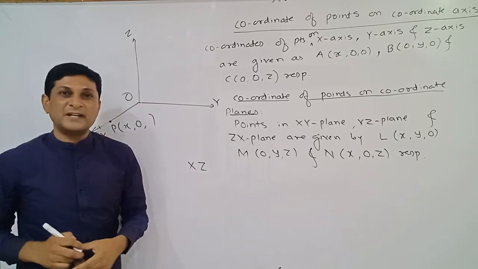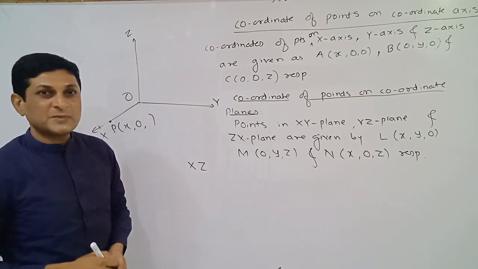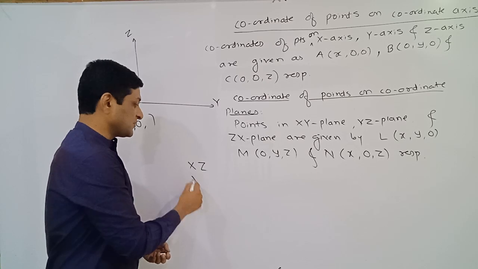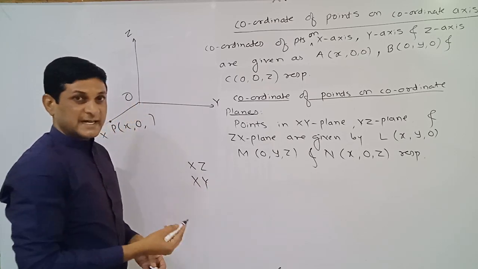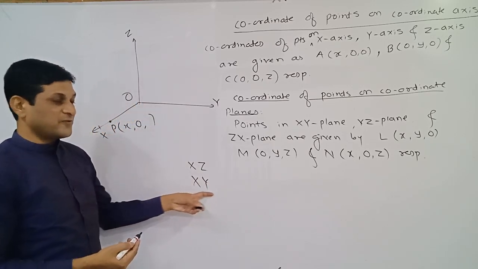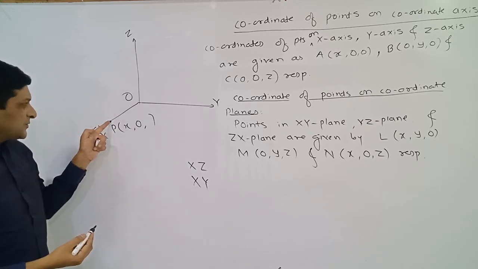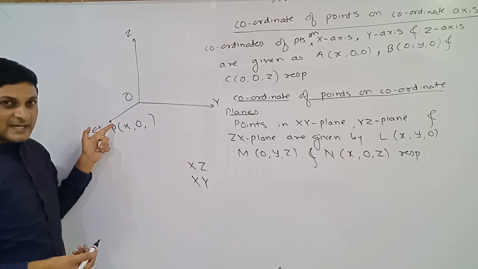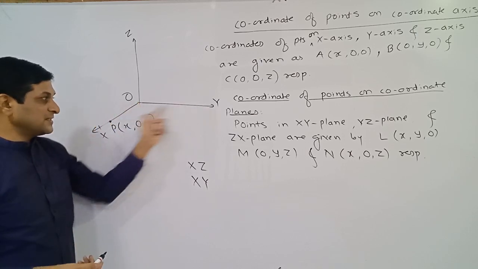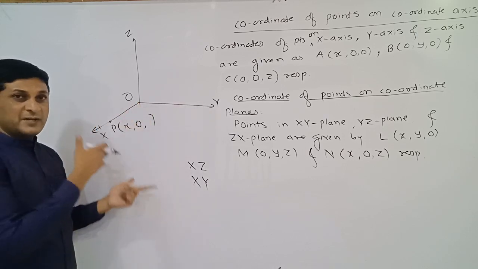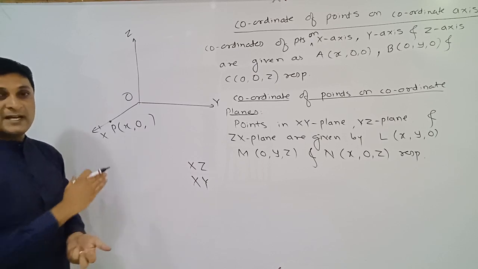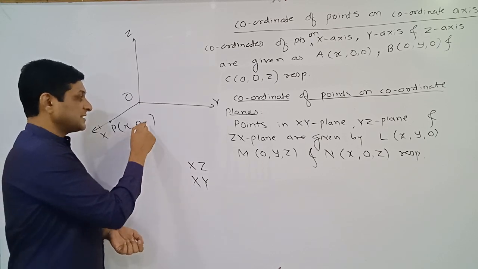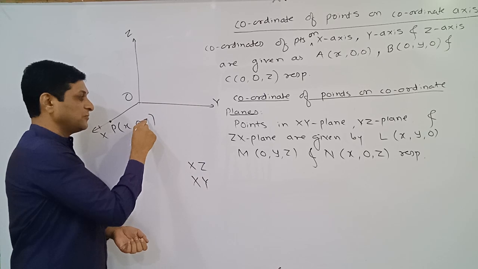Now we are finding the z coordinate. Our definition of the z coordinate says that it is the distance from the xy plane. The z coordinate means the distance of a point from the xy plane. But this point already lies in the xy plane also. This point lies on the x-axis, and this plane is nothing but the xy plane. So the point already lies in the xy plane, that's why its distance from the xy plane will be 0.